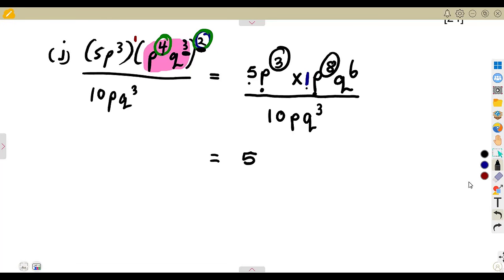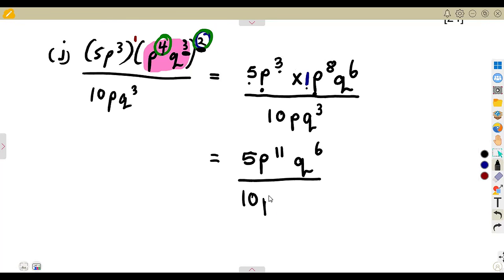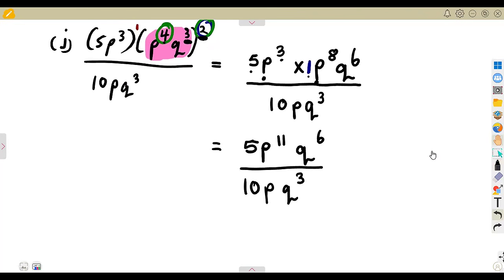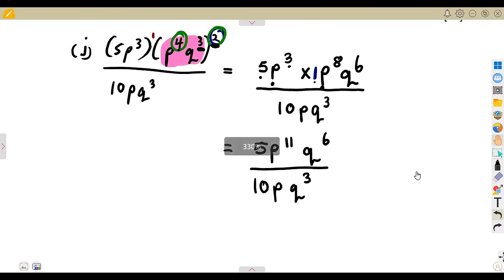You add the exponents, that part of p. So this will be p to the exponent of 3 plus 8, which is 11. Then there is q to the exponent of 6, everything over 10. p, just p here, and that's q to the exponent of 3. So the denominator in this case is just going to remain as it is.